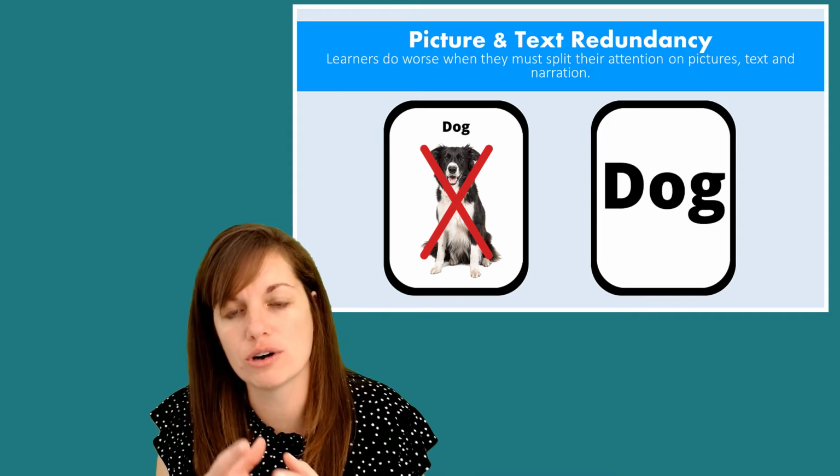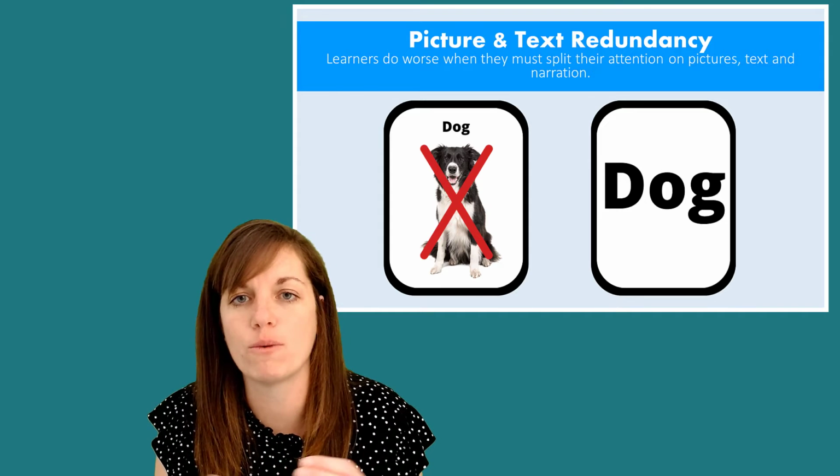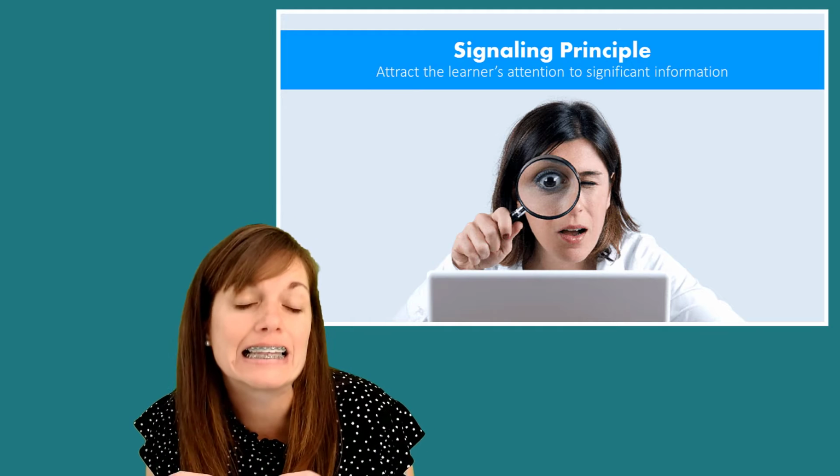So, in other words, research has shown us that we want to make sure we are finding information that complements and is not redundant. The next instructional design principle I want to discuss is signaling.